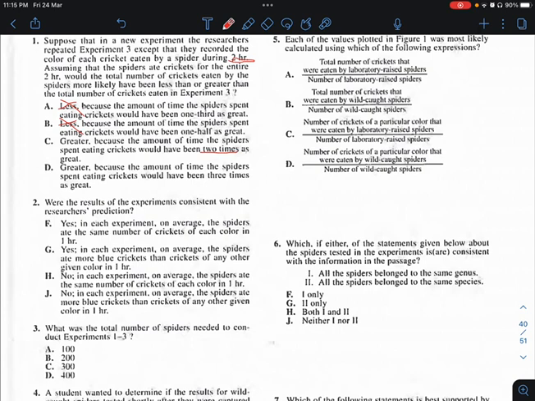D says greater because the amount of time the spider spent eating crickets would have been 3 times as great. Since it's 2 hours, for sure it's not gonna be 3 times, it's gonna be 2 times. So the correct answer is gonna be C.